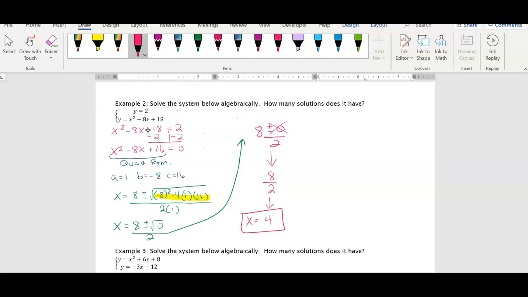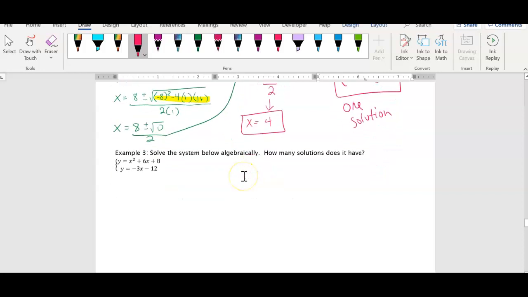So we only have one answer, and if you notice in the very beginning, y equals 2, we don't even have to do any solving here for the y value. So our final answer is just one ordered pair, and it's x is 4 and y is 2. So this is a one solution problem. And we saw that in the U shape in the line where the line only touches at one spot.